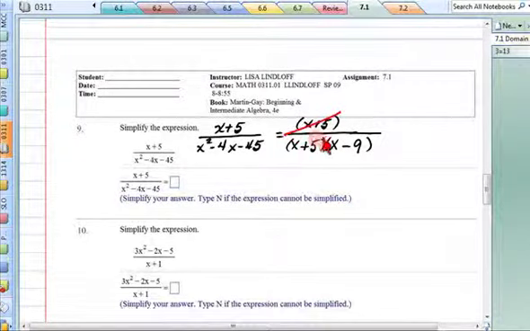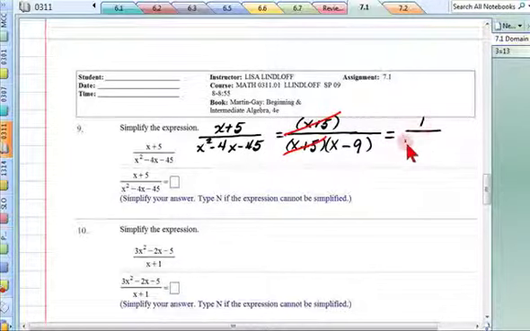All right, but in this one, the x plus 5's divide out, and what will I write as my answer? Okay, 1 over x minus 9. If you leave out the 1, is that a problem? Yes. A numerator of 1 must be written.